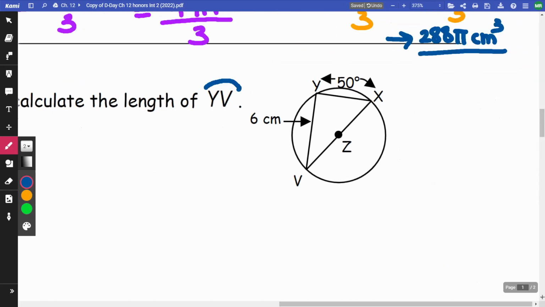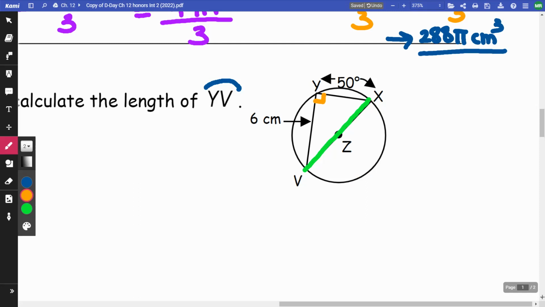In this case, since this is a diameter, that means that this angle right here is going to be 90 degrees, because this is an inscribed angle inscribed in a semicircle, forming a 180-degree arc right here. So that angle is going to be half of that.